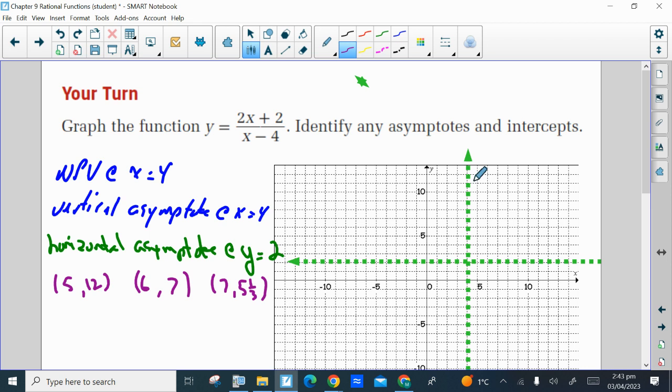So I have the point 5, 12. I have the point 6, 7, and 7, 5 1/3. So this gives us points on the one arm or branch.